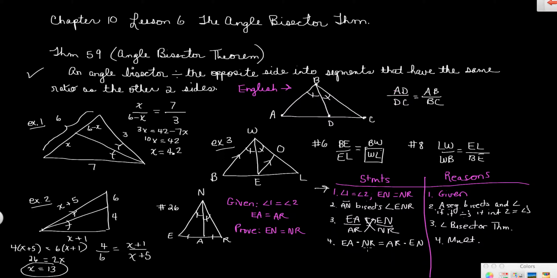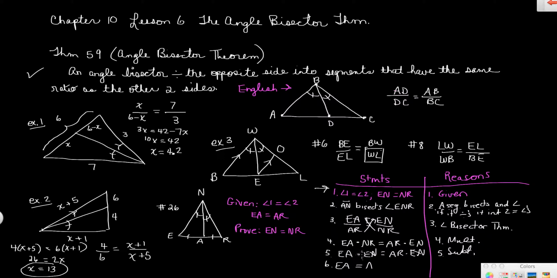So I can substitute in and say that EA times EN, because EN equals NR, we can substitute, equals AR times EN. And that is just substitution. We're almost done. And then finally, we can divide both sides by EN like this, and we'd say EA equals AR.